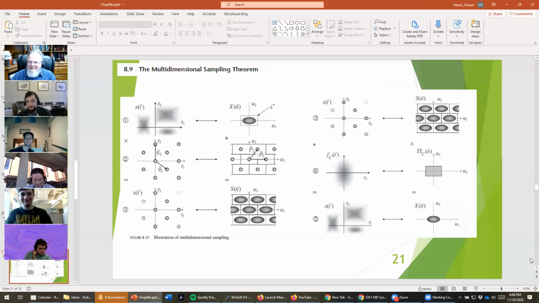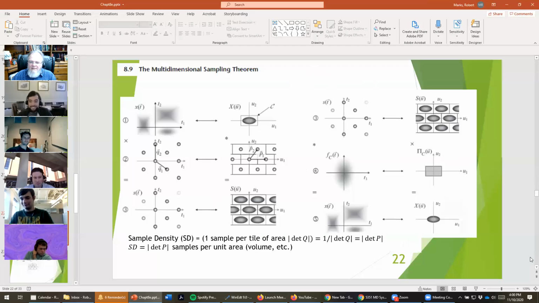So this is the following example. This is a clean slate again. This is the same figure with the clean slate. I'm not sure why I did it twice. Now, let's look at some important parameters here. One of the important parameters is the sample density. Now, we know about the sampling rate and the Nyquist rate. That's how many samples per second you have, right?